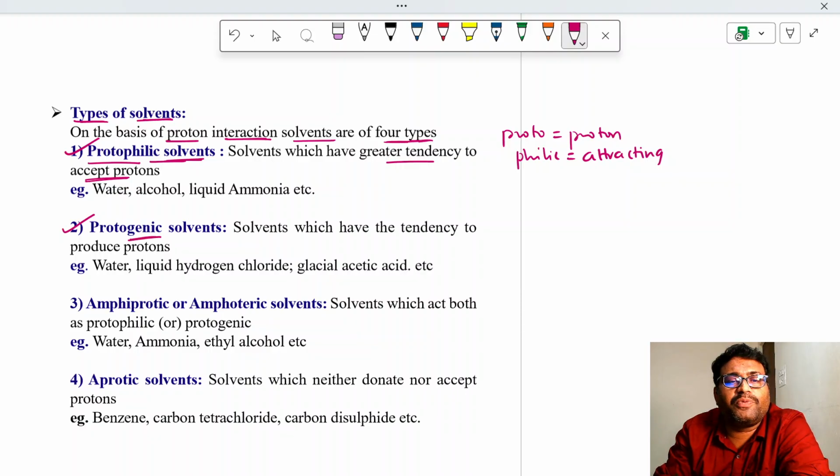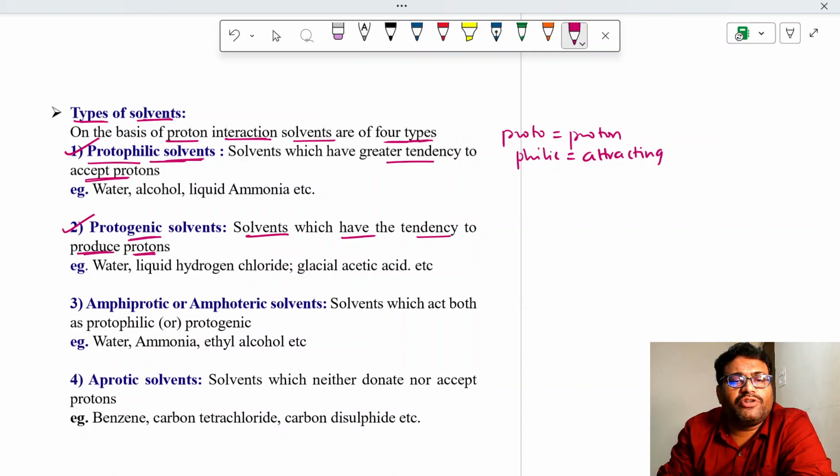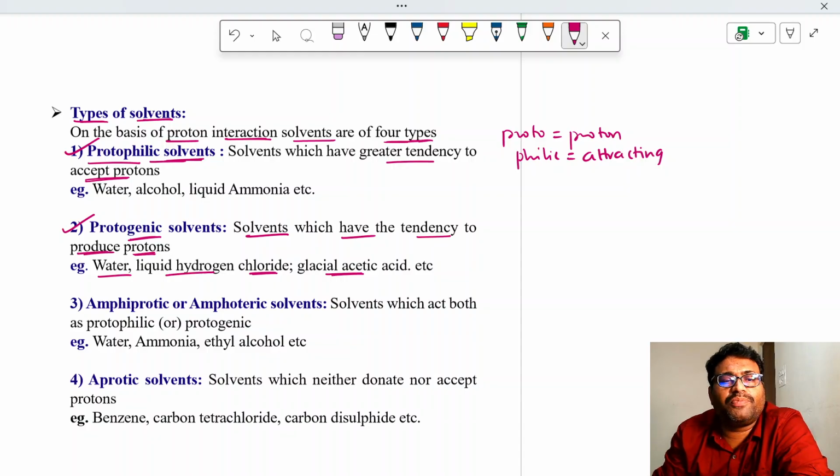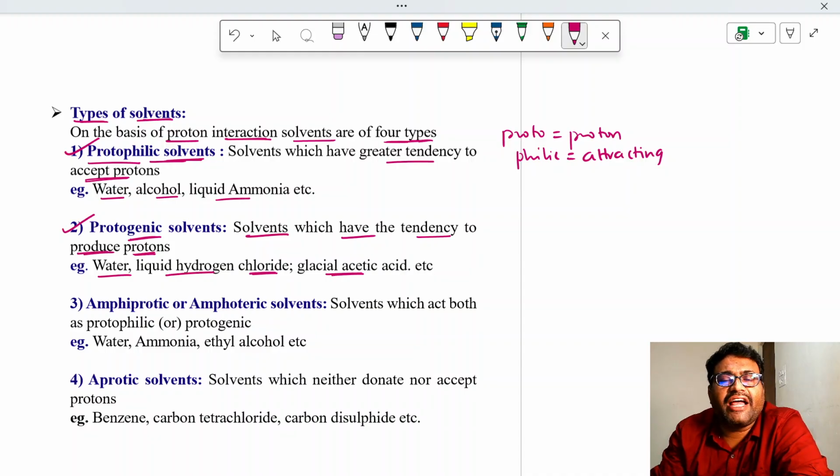Protogenic, genic means producing: solvents which have a tendency to produce or release protons. What are the examples? Water, liquid hydrogen chloride, glacial acetic acid, these are all able to release protons. Protophilic ones are water, alcohol, liquid ammonia, which have more tendency to accept protons.